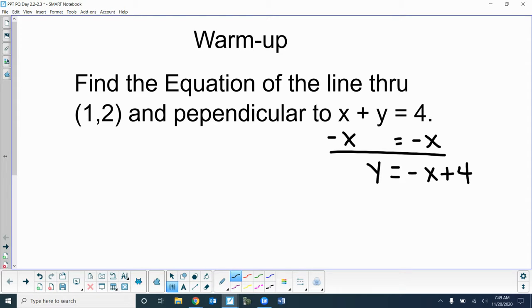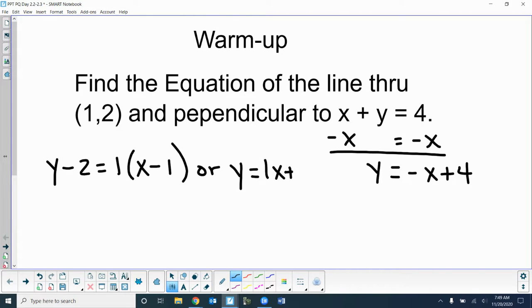Okay, so you can do y minus y1 equals m times x minus x1, where m is 1, or you could just go y equals mx plus b, and plug 2 here and 1 here. So subtract 1.